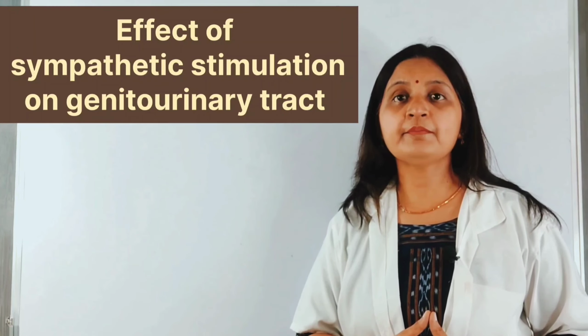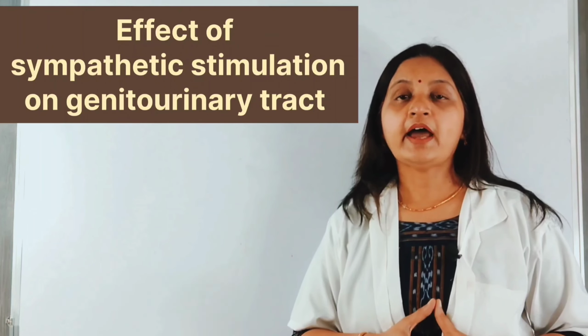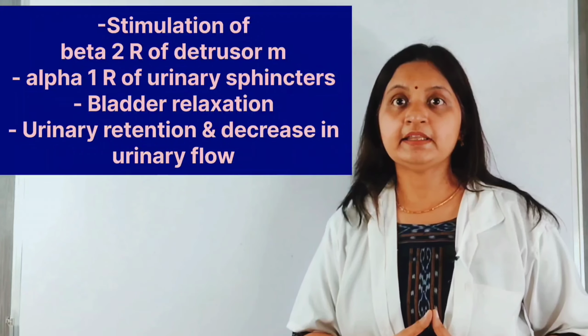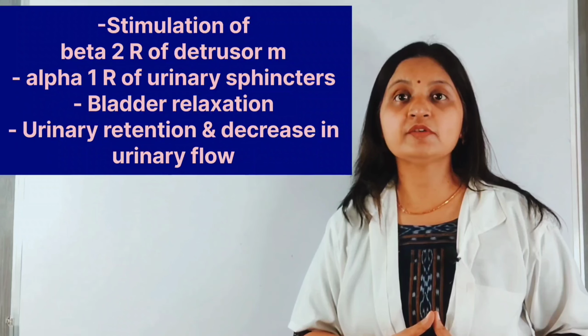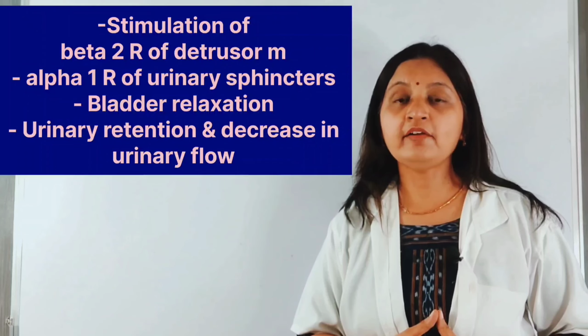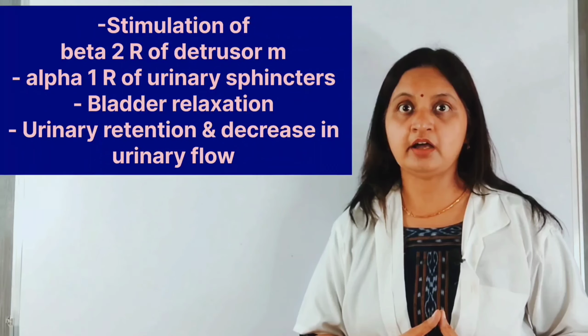Next, the effect of sympathetic stimulation on genitourinary tract. The adrenergic receptors which are present in the bladder are the beta-2 receptors, which are present in the detrusor muscle, and alpha-1 receptors, which are present in the urinary sphincter and the prostatic urethra.